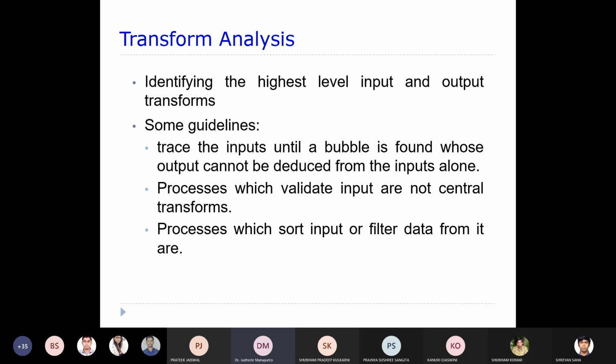Now there are some processes, as I told you, which do processing in order to say whether an input is valid or not.